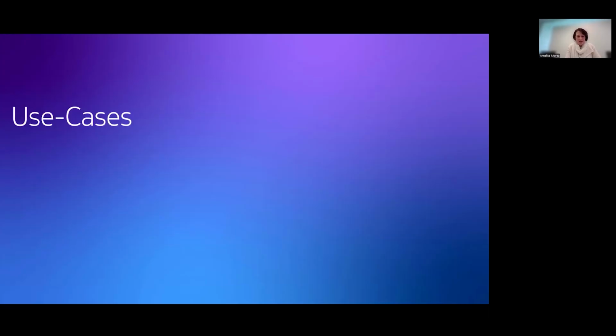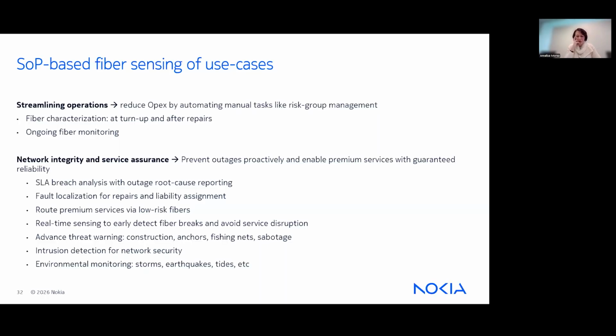There is lots of interest in having all these types of sensing features, and we have just collected some of these use cases coming from different discussions that we had with our customers during different meetings.